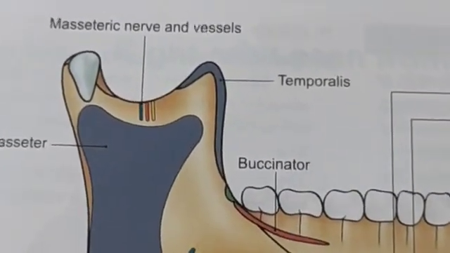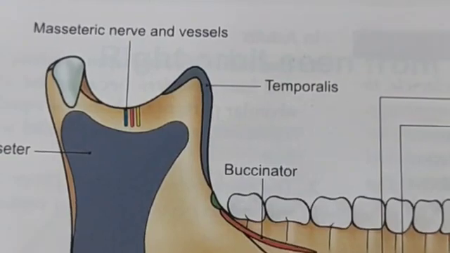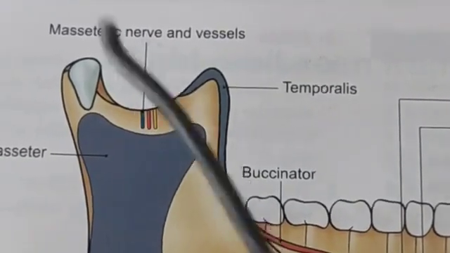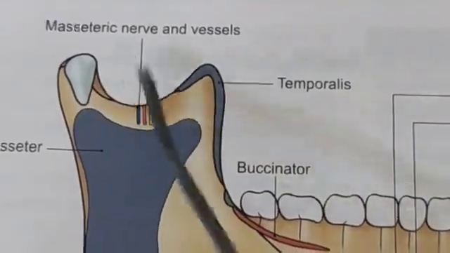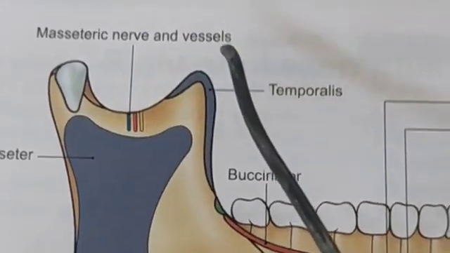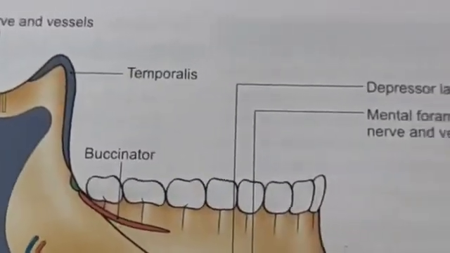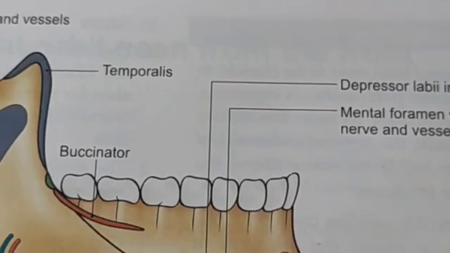At the angle, just in front of the angle, it is related to the facial vessels, and at the notch it is related to the masseteric nerve and vessels. From this mental foramen, the mental nerve and vessels come out.